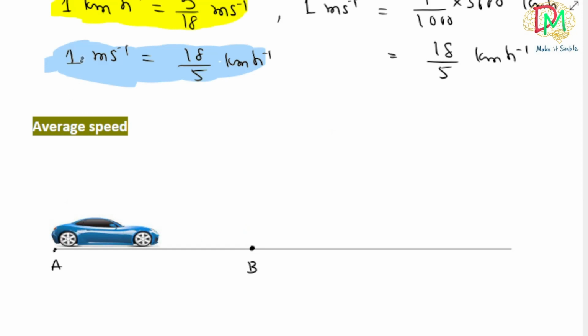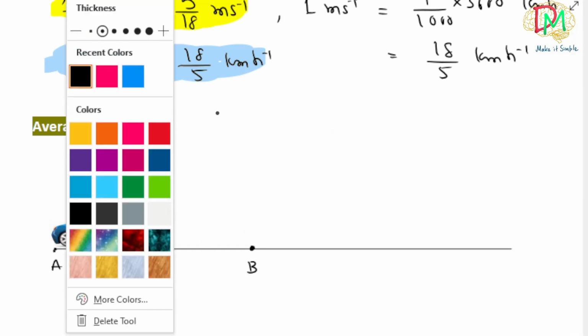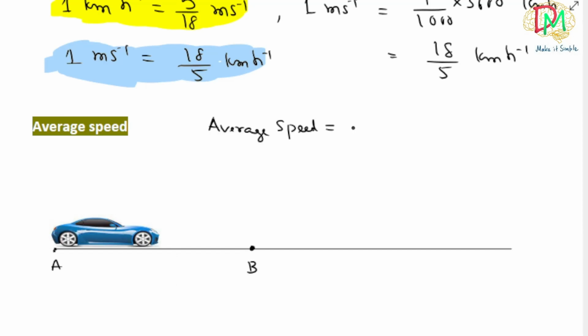Now we learn the average speed. What is the definition of the average speed? It is equal to total distance traveled by total time taken. Let's consider this car.